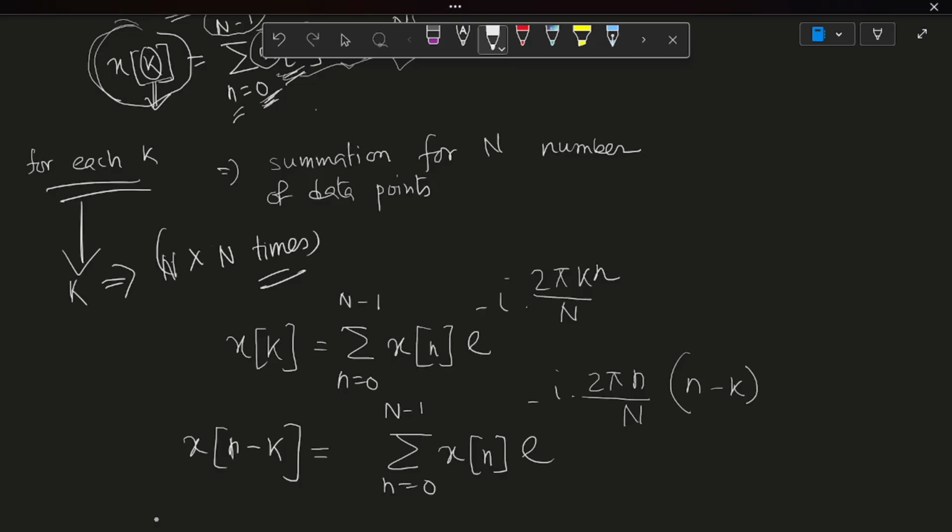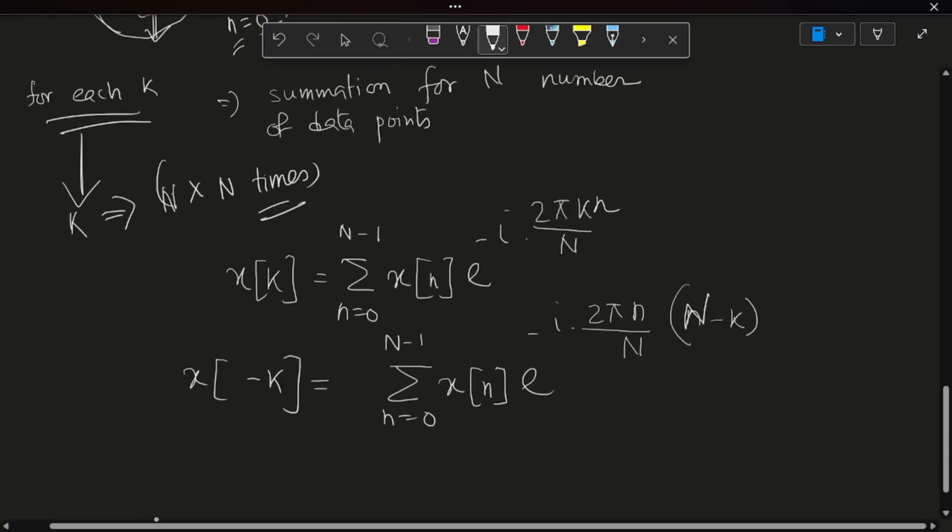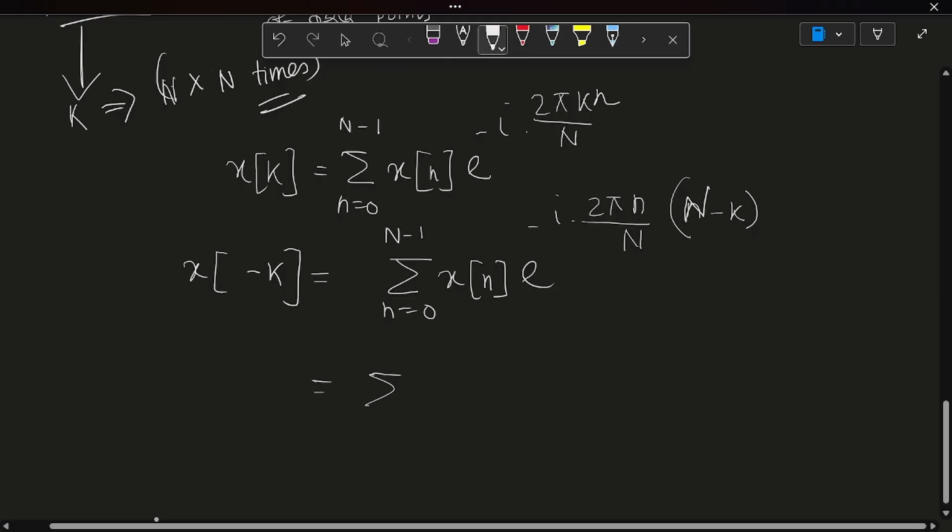Here capital N is the total number of data points. Now let me calculate the value.